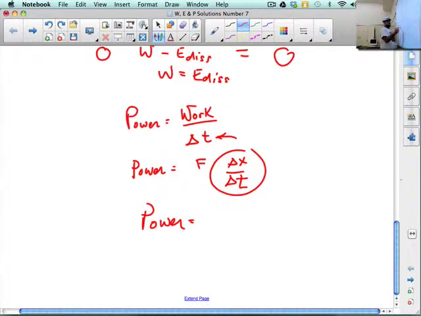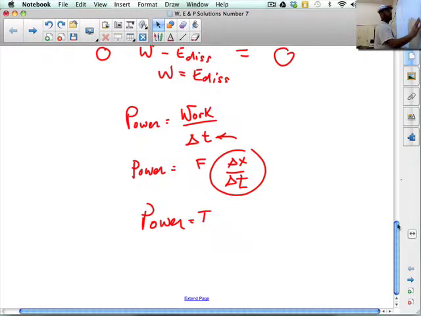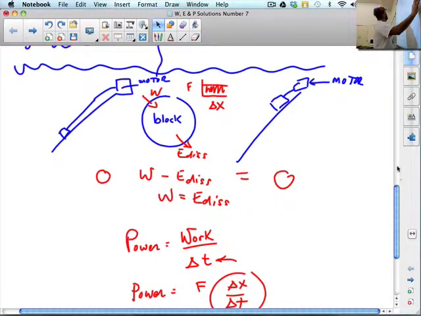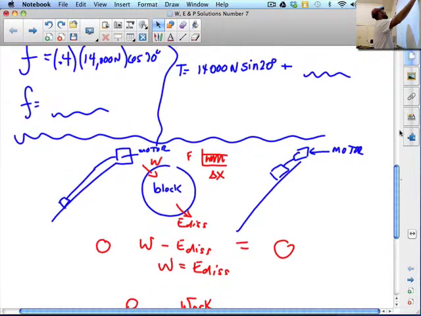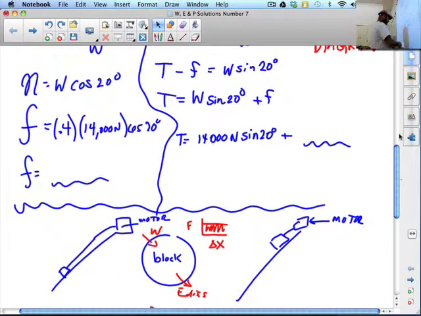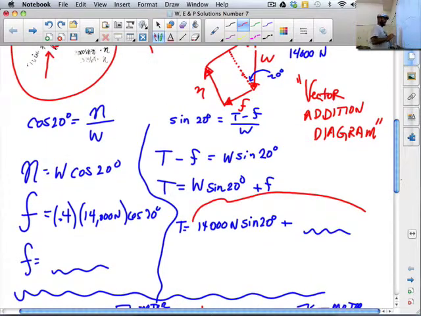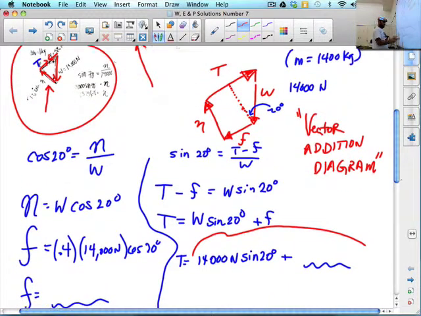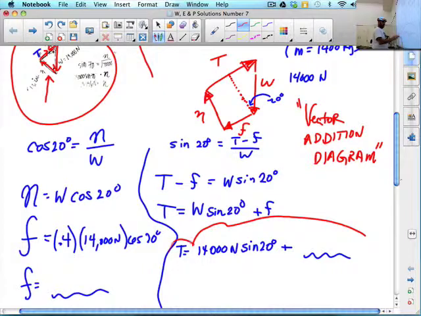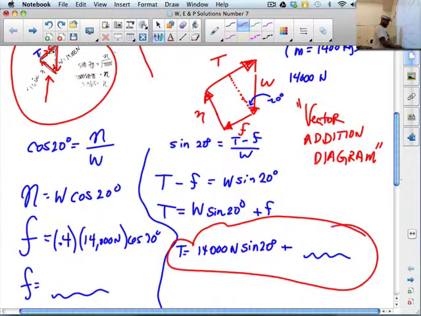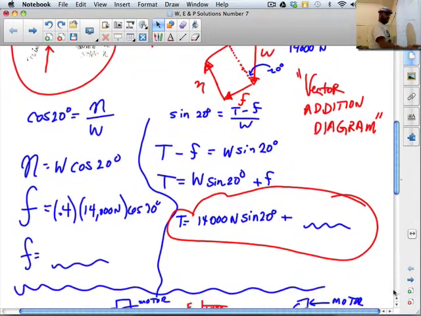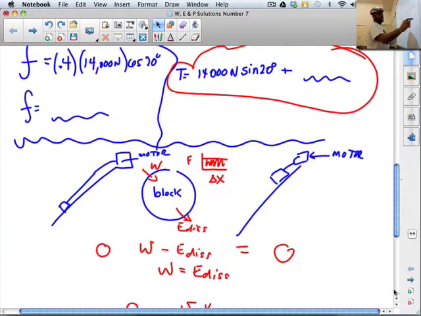Whatever force you get for the tension in the rope, right here, whatever value you get here, you just take that value and multiply that by your speed.